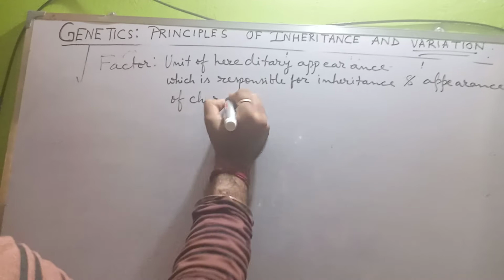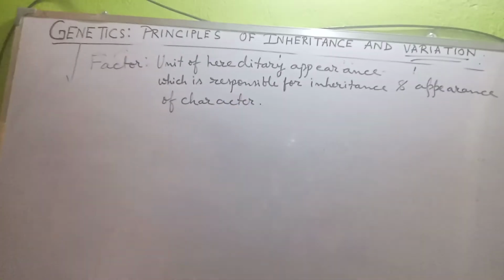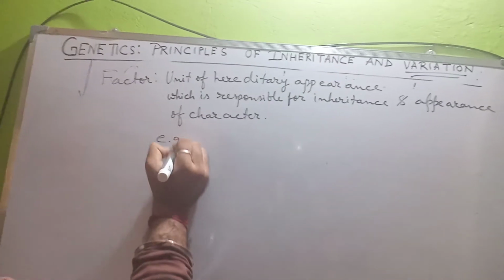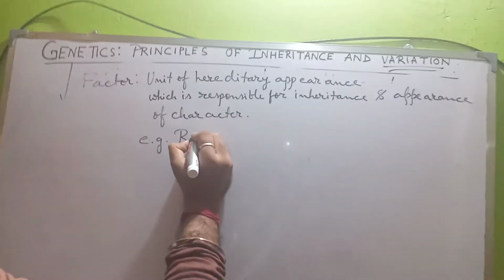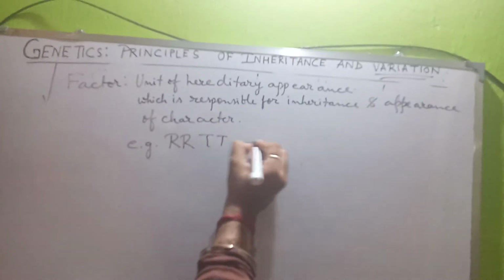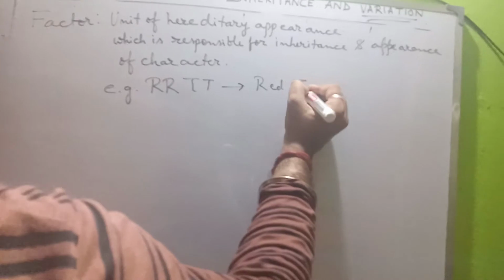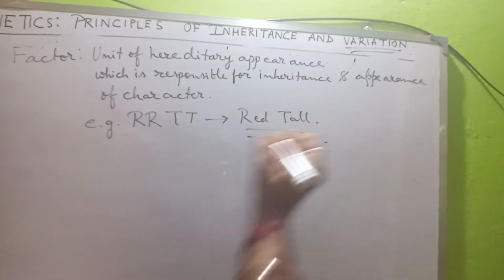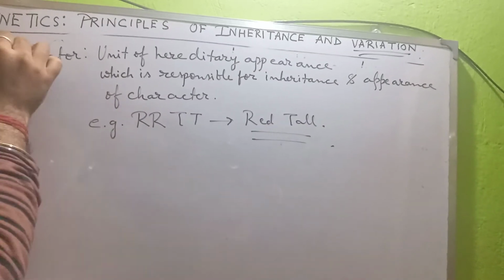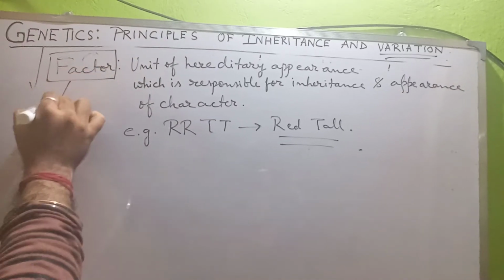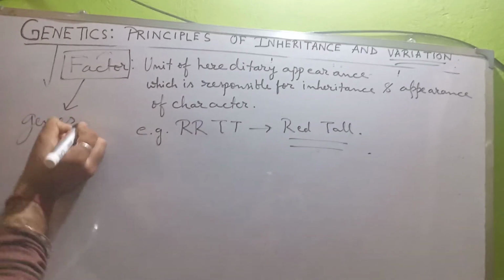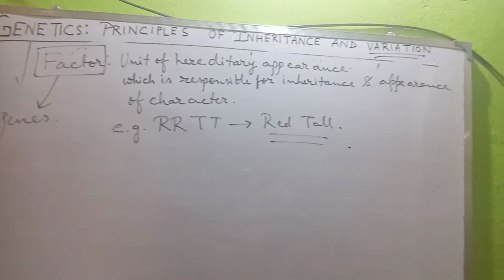Yes, often we say that this is the character, I say red or tall. Example, I can give you red and tall. So this is the appearance that I am talking about of a particular organism. In simple terms, remember, factor is nothing but the genes that we are talking about.